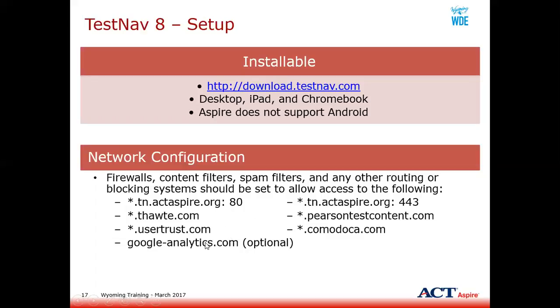Those are all required. And then this last one you'll see is optional, google-analytics.com. That one is optional. All of these others with the asterisk, that's a wildcard symbol, but it is also helpful in that it's required, these 6 do need to be set up to make it through your network configuration so that, again, students can successfully test during your assessment window.